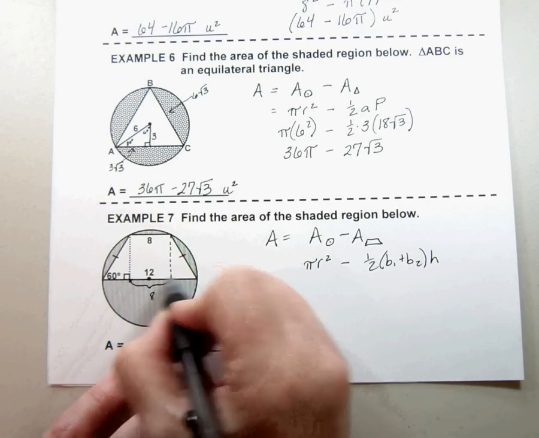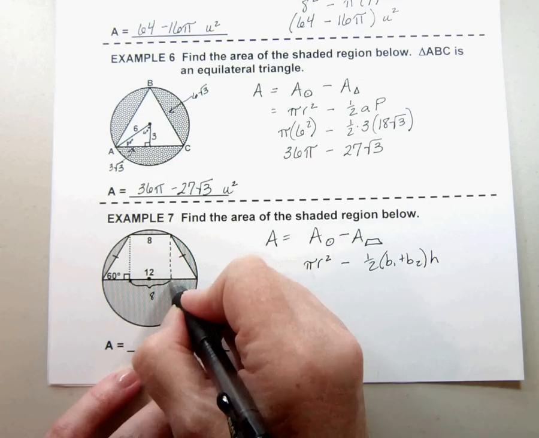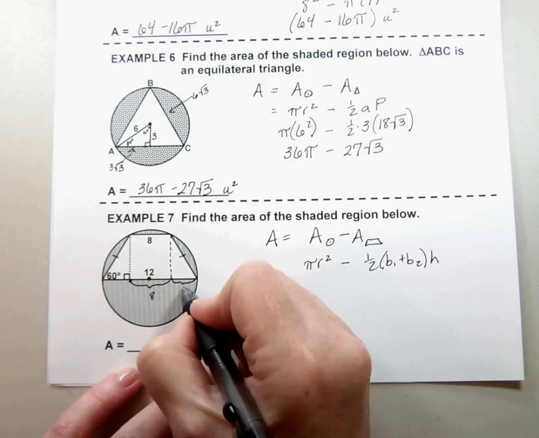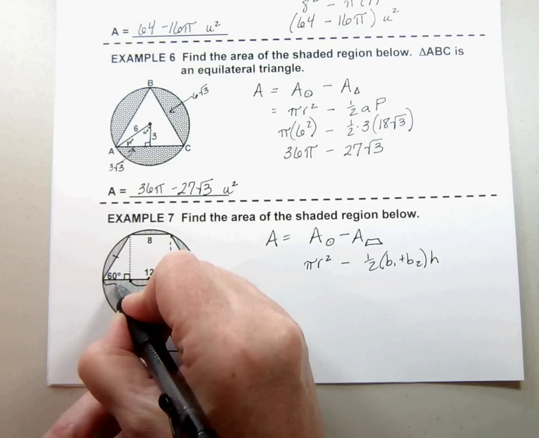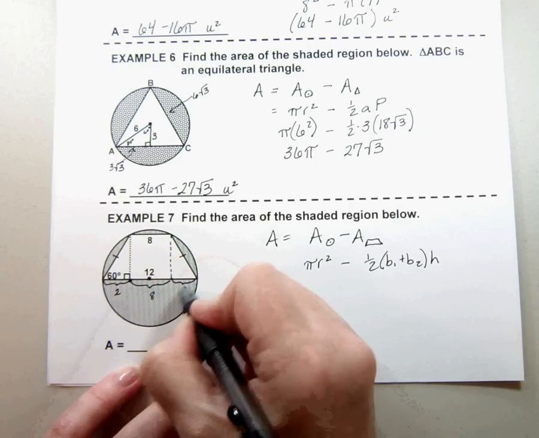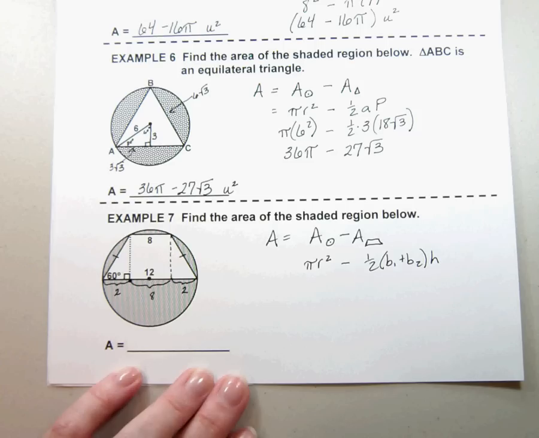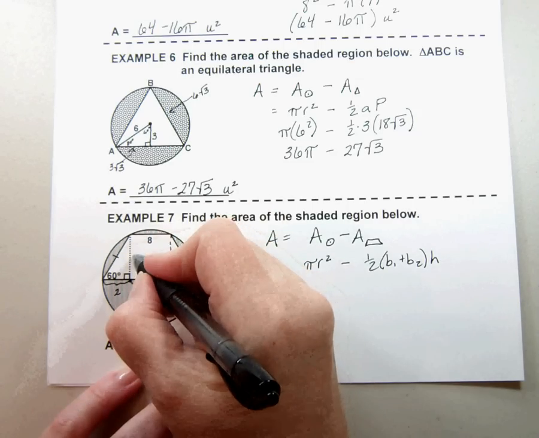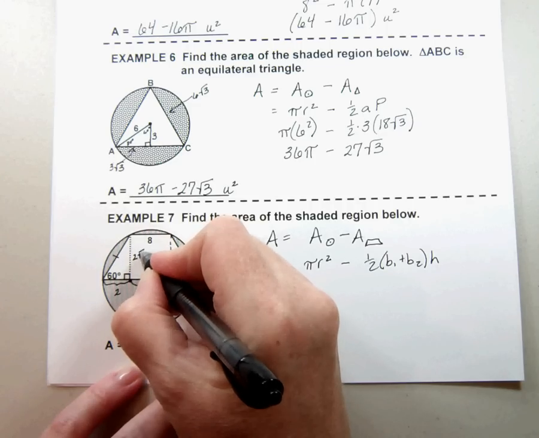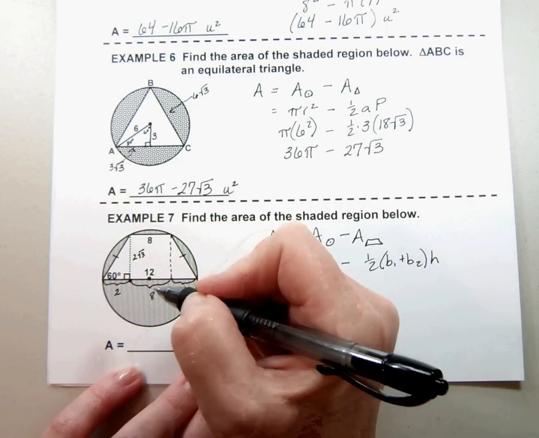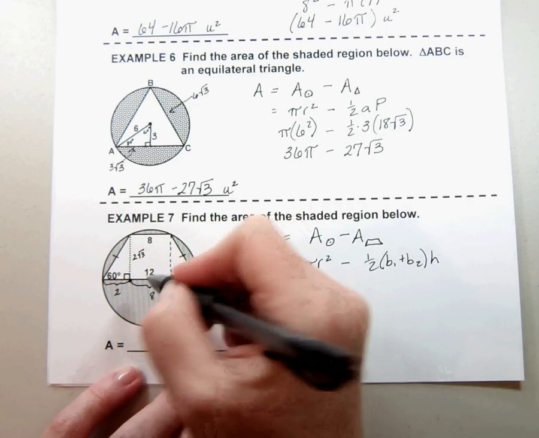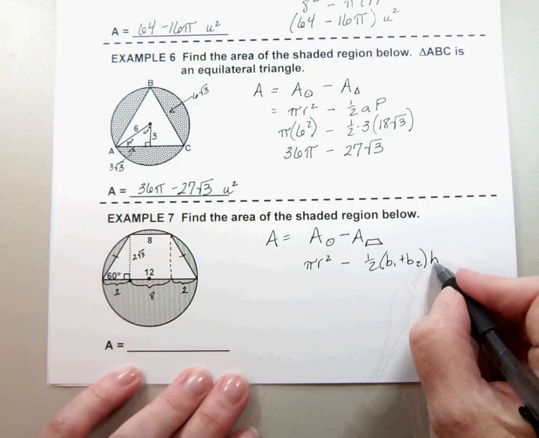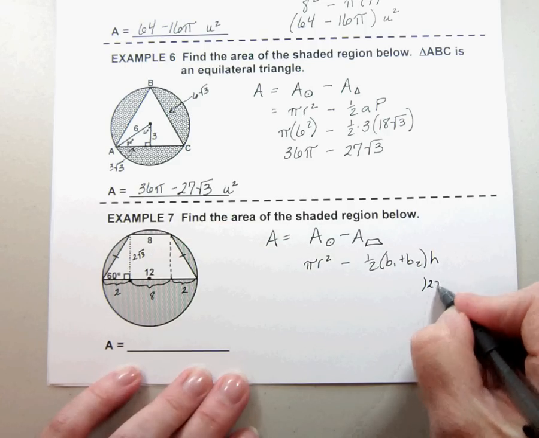If the entire length is 12, that leaves this piece and the one over on the other side, these segments are both 2's, the total being 12. So if the 2 is the short leg of a 30, 60, 90, that means the height of this trapezoid is the short leg times the square root of 3. And that would be the h when I use this h out here. So I'll go ahead and write that.